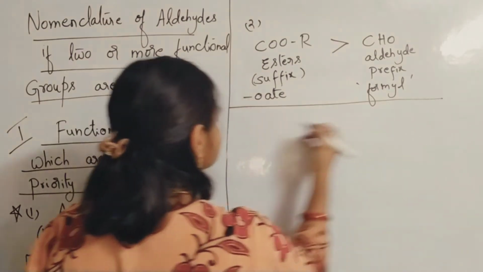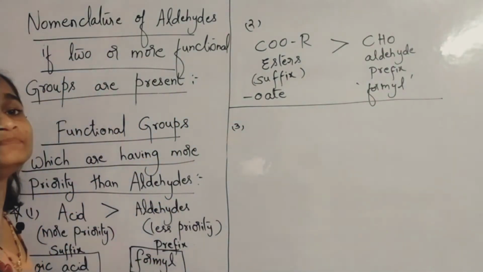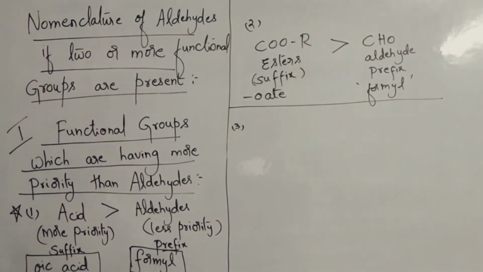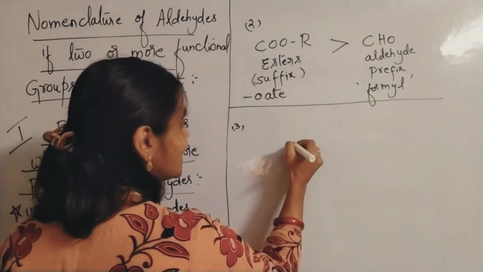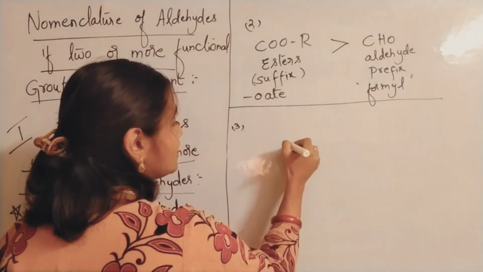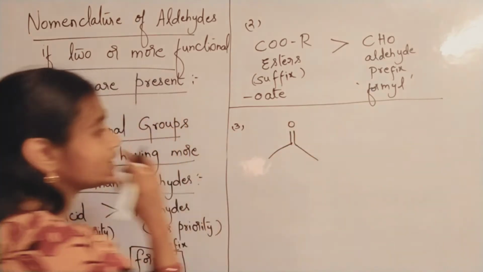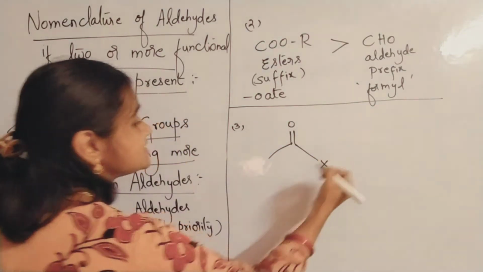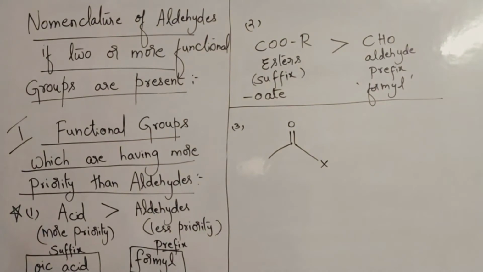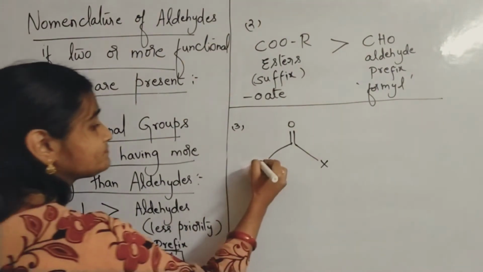Similarly, next, third one. What is the next functional group which is having more priority than aldehydes? Acid halides. You know that. Suppose X is there. RCOX.